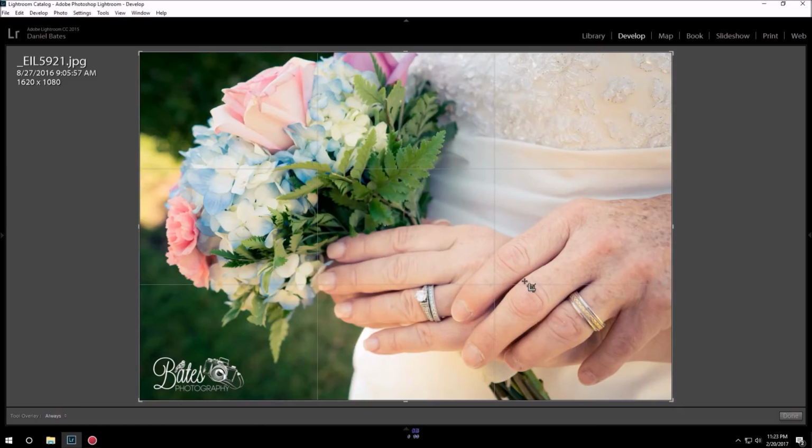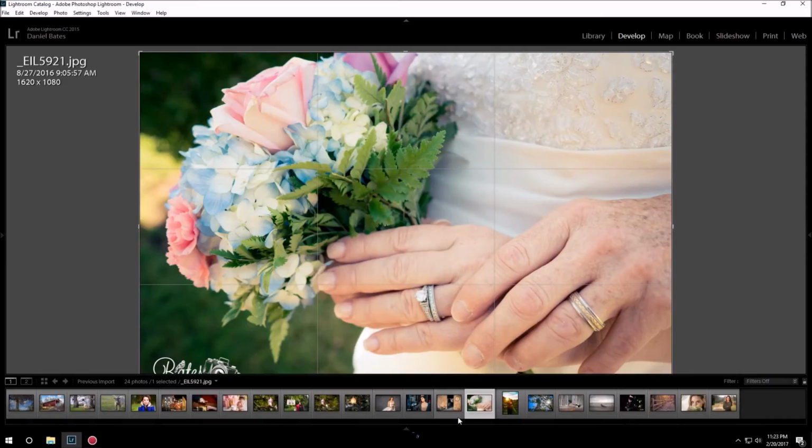So here's that diagonal. And then this lower horizontal line has the hands, and this upper line has the flowers and her dress. So it's a beautiful image, and again, no cropping.